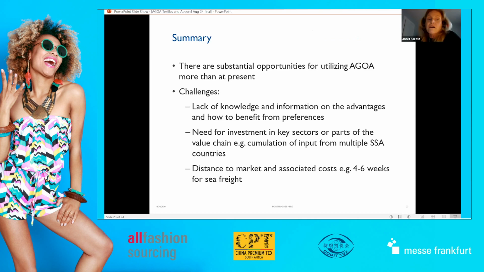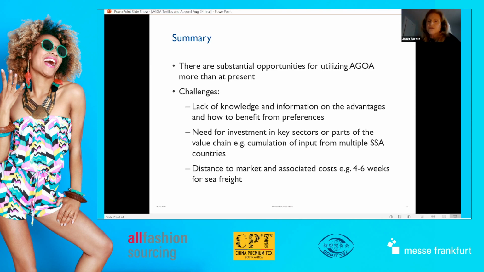To summarize, there are many opportunities for using AGOA beyond what is currently being used for. It's difficult to figure out sometimes the requirements and the forms and all of that, but once you can determine that, you can have a big advantage under AGOA, especially for textiles and wearing apparel.